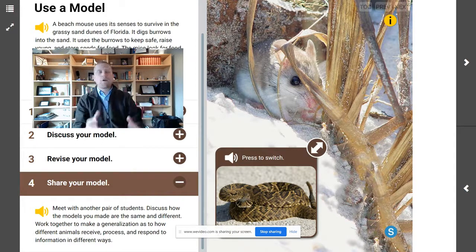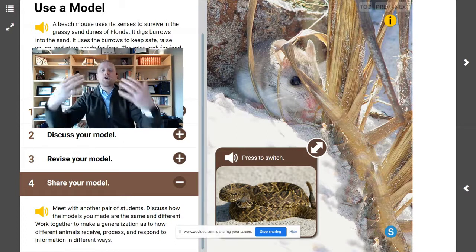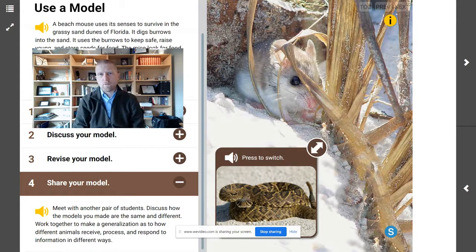We've talked about all kinds of animals up to this point, and I know you have so much more knowledge of other animals. So how is it similar in ways that they are processing the information? How does the mouse and the snake process their information similarly? How do they process their information differently? What can you conclude about how different animals receive, process, and respond to information in different ways?